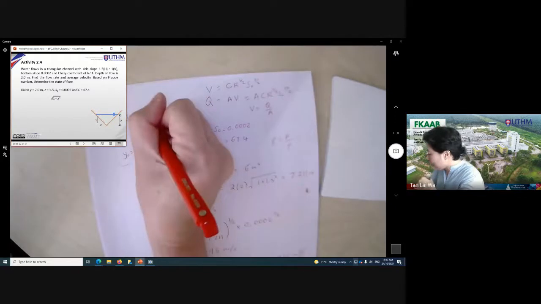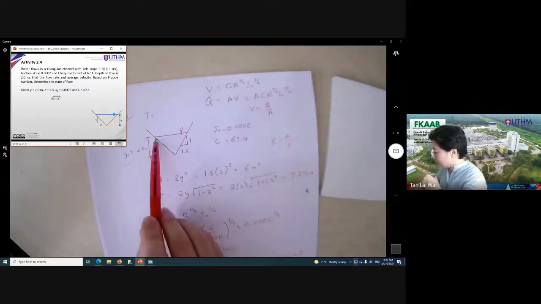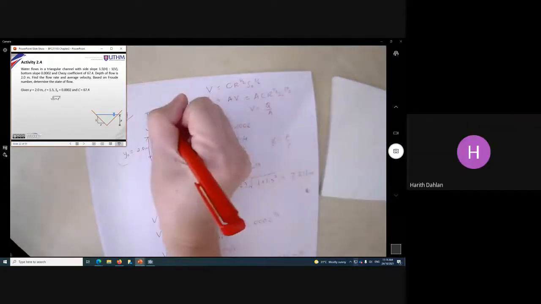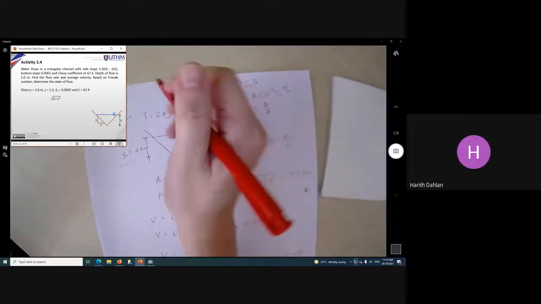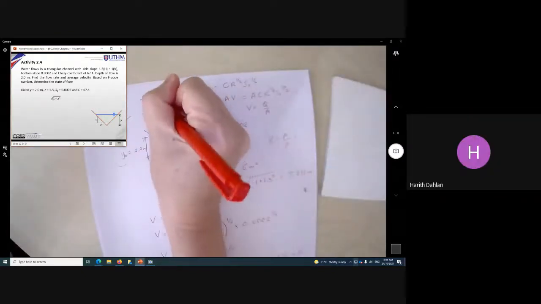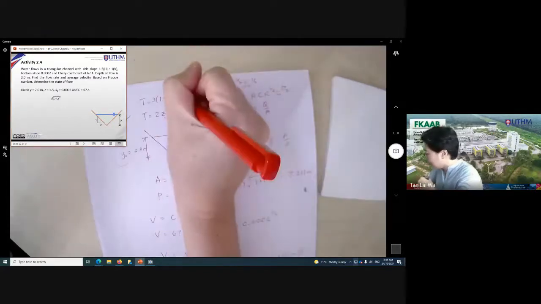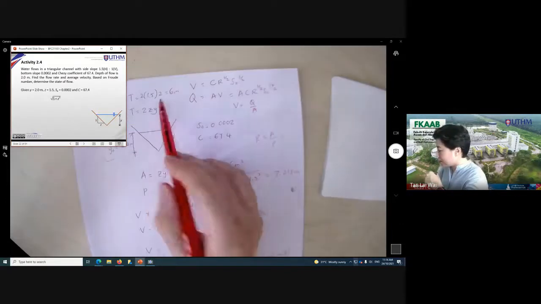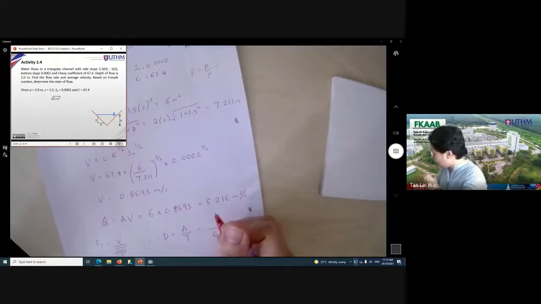Could someone give me, Harith, continue please. What is the T? The width. 2ZY. All right, great. So therefore it is 6 meter. Am I right? Correct. So A would be 6, therefore D is 1 meter.